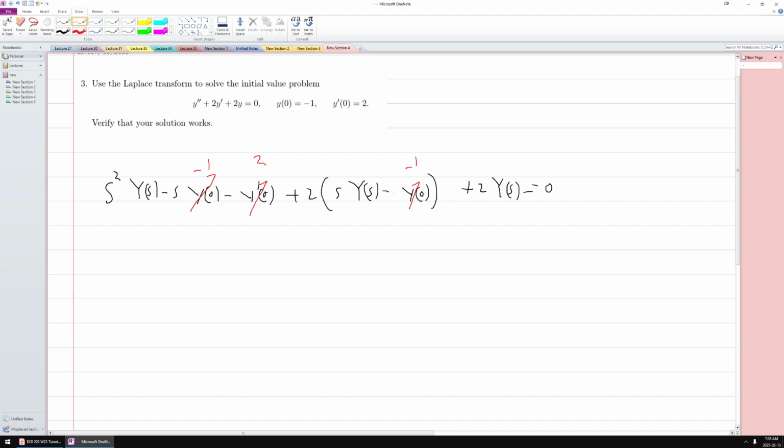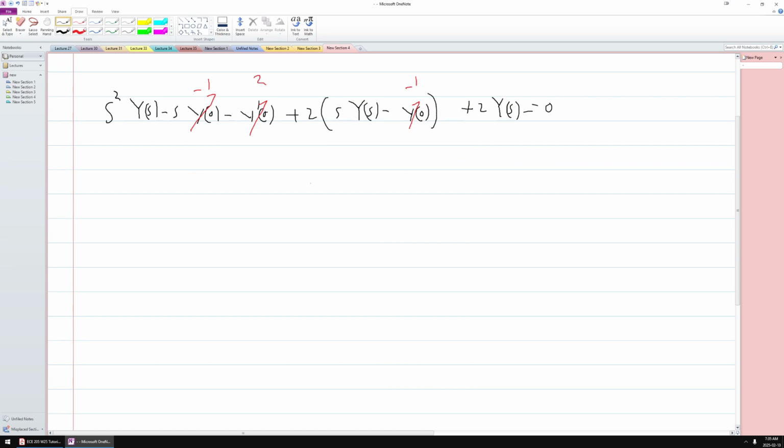Okay, so now that I have that set up, I just solve for my Y again. So here, I'm going to get, again, the characteristic polynomial, s squared plus 2s plus 2, times Y(s) equal to. Here I get a minus s, so plus s, so I get a minus s when I bring it over.